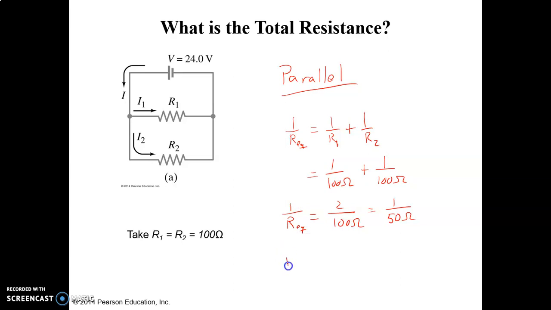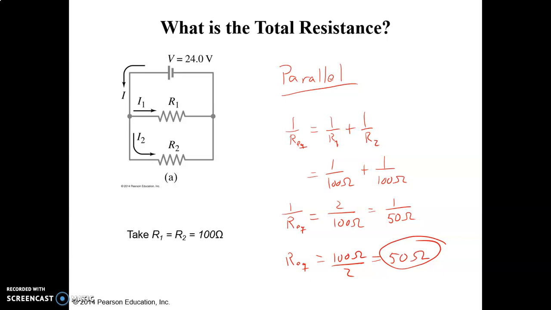So in order to find the actual equivalent resistance, we have to take the reciprocal on both sides. Here, let me do it this way just so there's no confusion. You have to take the reciprocal on both sides, which of course brings that down to 50 ohms.